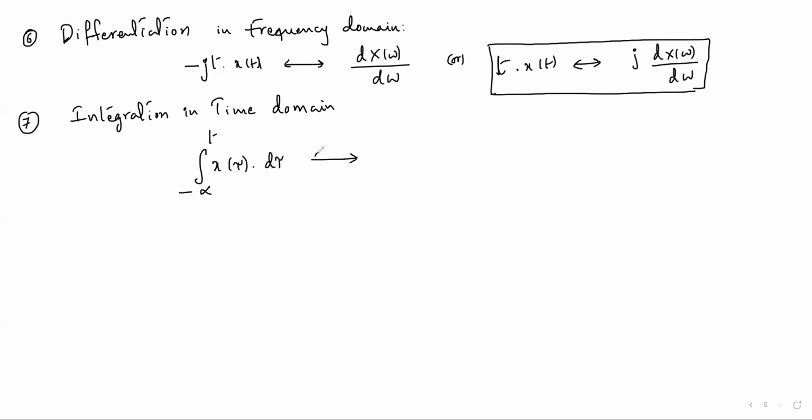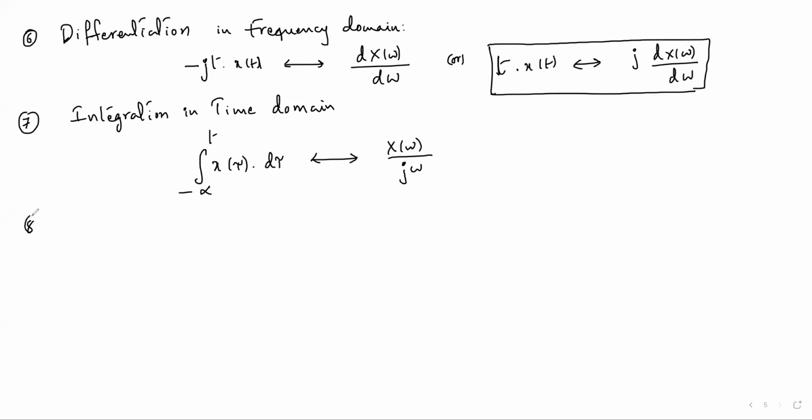The Fourier transform is x of omega by j omega. This is the integration in time domain property. We don't have integration in frequency domain property because already the spectrum is an integration of time domain signal.